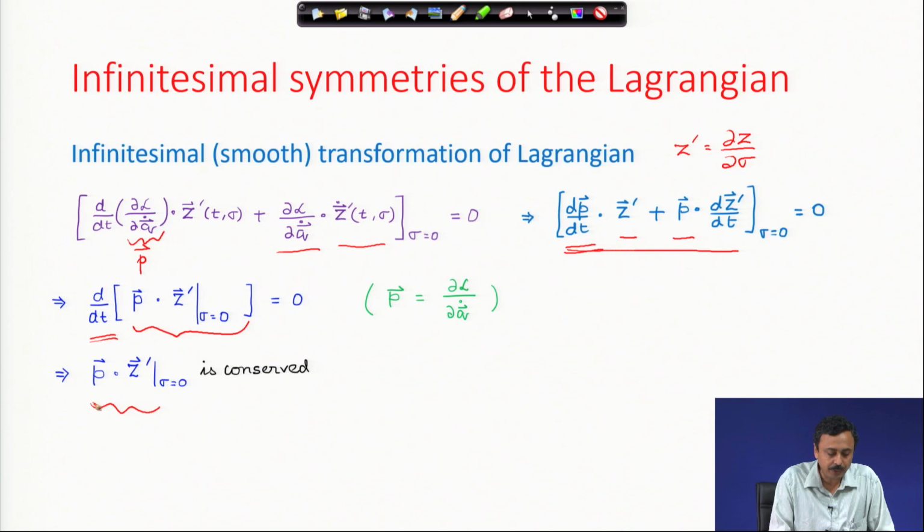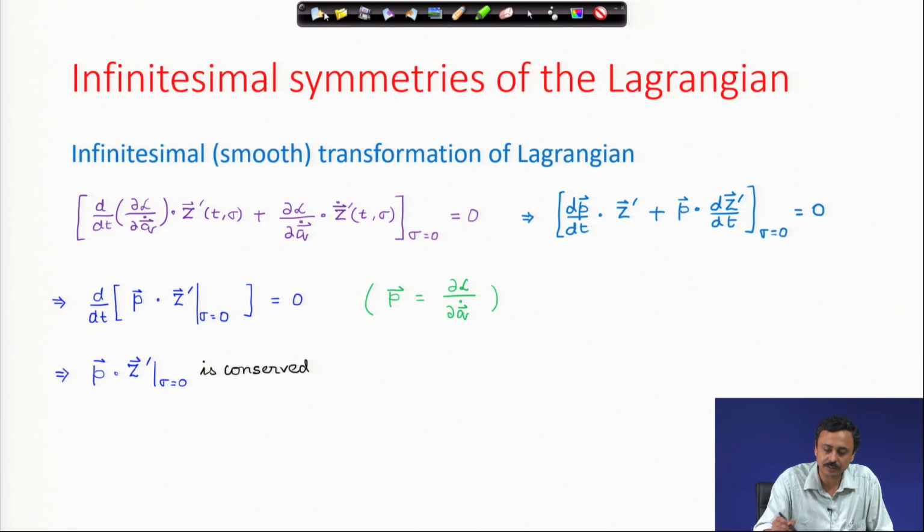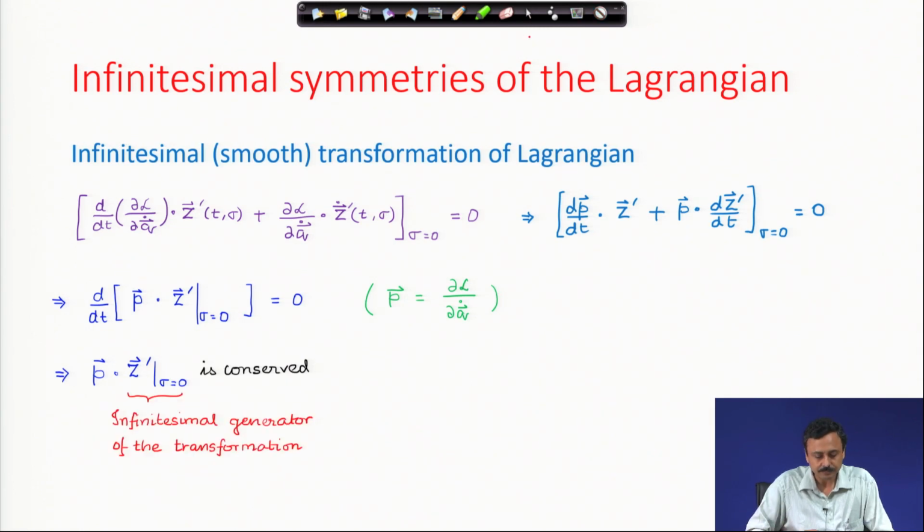Now, p is the generalized momentum dot Z prime at sigma equal to 0. What Z prime at sigma equal to 0 is, is something which we have to discuss a little further. This is known as the infinitesimal generator of that symmetry transformation.